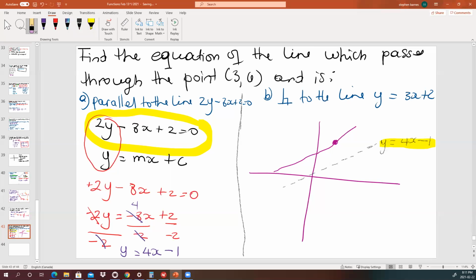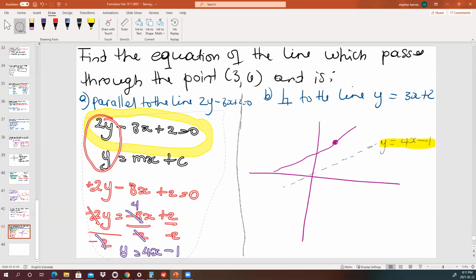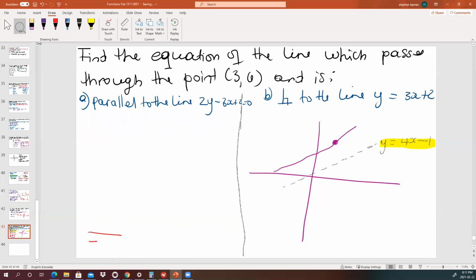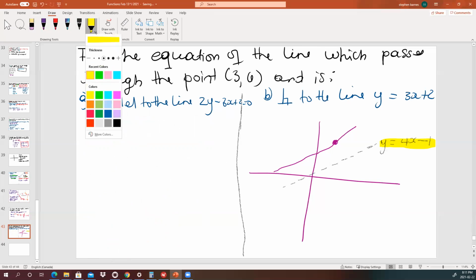Because remember, there is a relationship between the gradients of parallel lines, and we are interested in the equation. Remember the question initially asked us, let me just highlight it so that we keep at the front of our minds what we're doing.